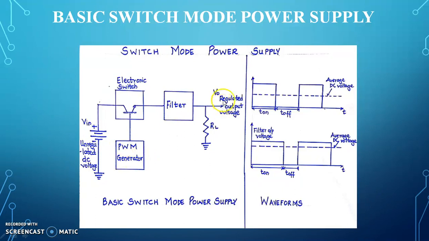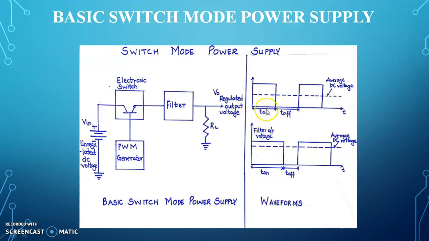When the pulse is high, then the input, that is unregulated DC voltage, is given to the filter because the transistor will be in saturation, the transistor will be on, and the input is given to the filter. When the pulse is off, the transistor is off. So we have the input of the filter, that is the rectangular wave.